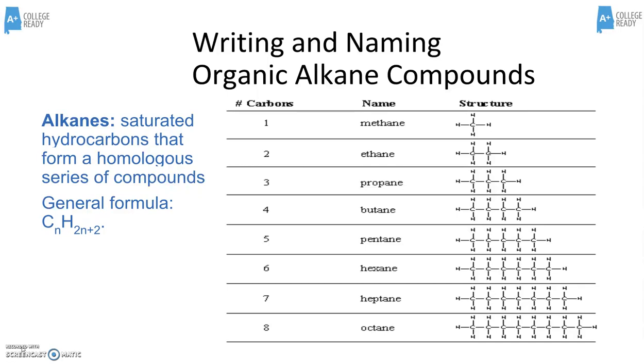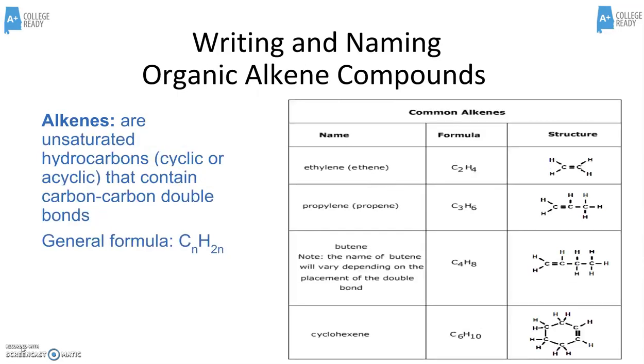So as you go down, there is a pattern. Notice ethane is C2H6. Again, use that general formula. I strongly recommend that you remember this general formula because it's going to help you not just with your alkanes, but your alkenes and your alkynes. All right, let's move to our next category of organic compounds, and this is our alkenes.